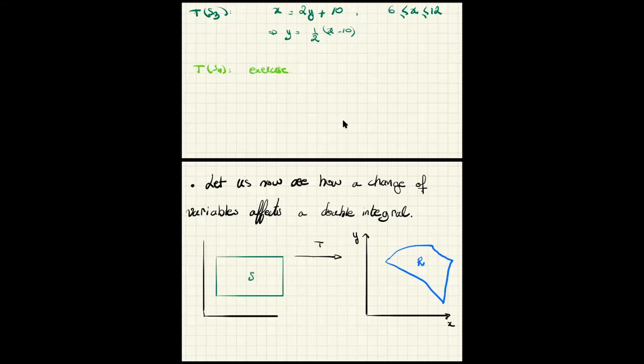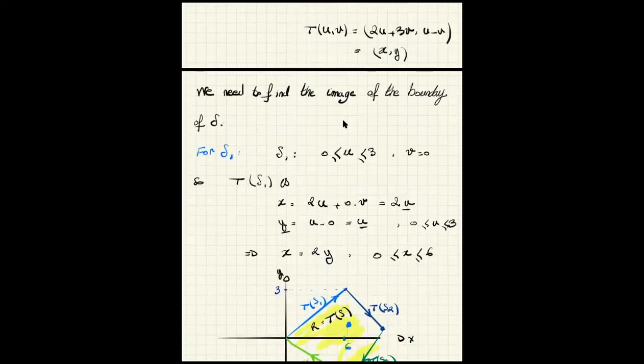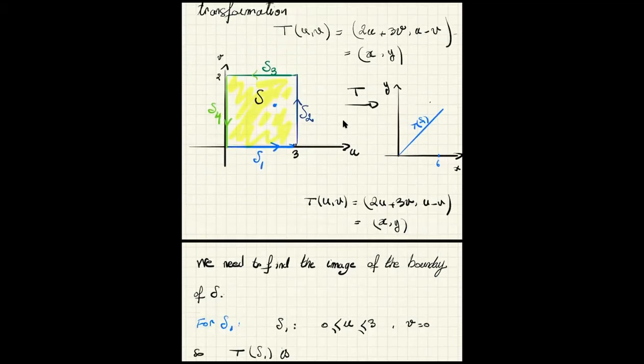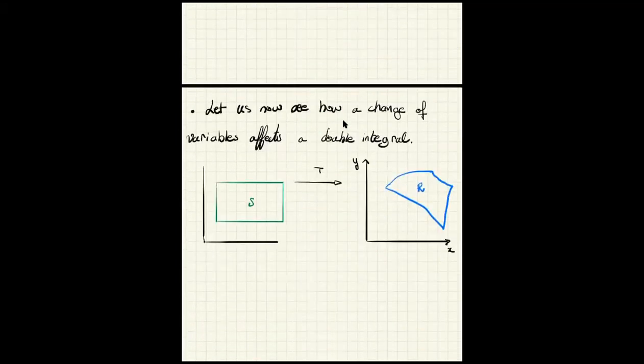I have a rectangle, and when I apply T, it gives me some other region, depending on the transformation T.